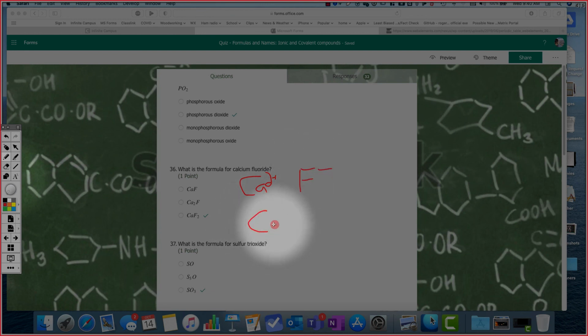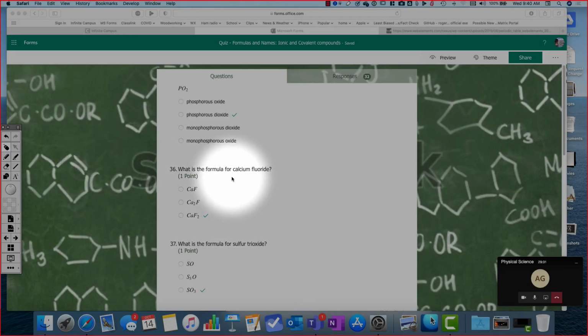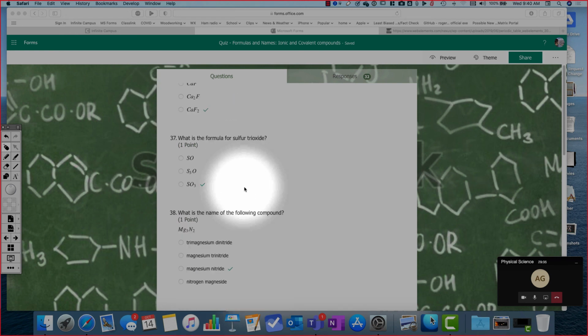So we have CaF, and then we bring the 2 out from the calcium down to the fluorine. So our formula is CaF2. And I know that I have to do oxidation numbers because it's ionic, and I know it's ionic because it's a metal to nonmetal.